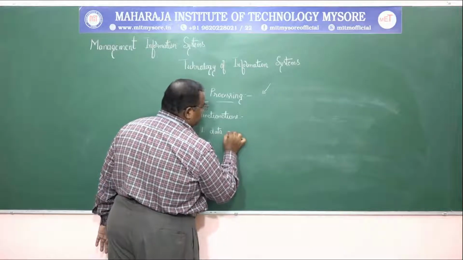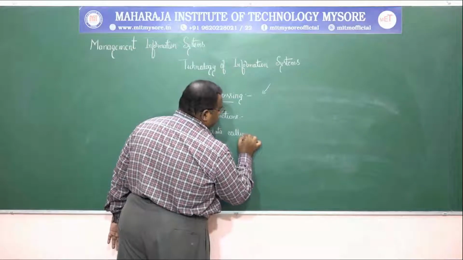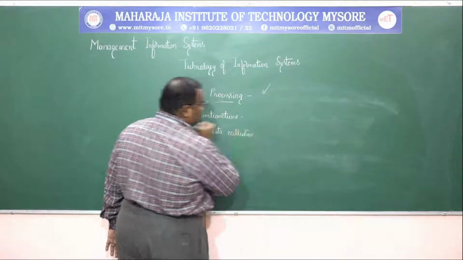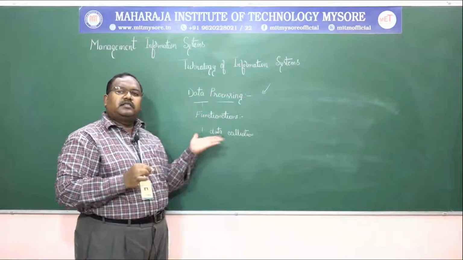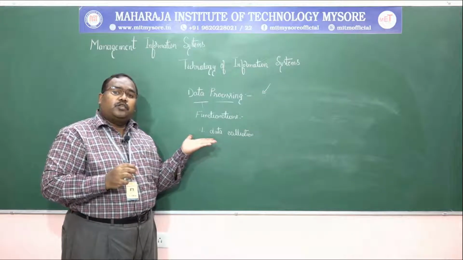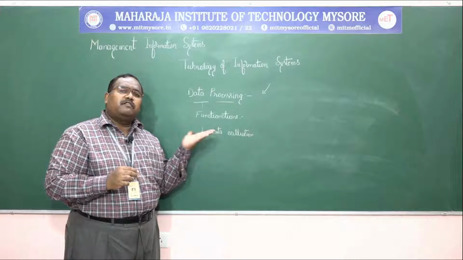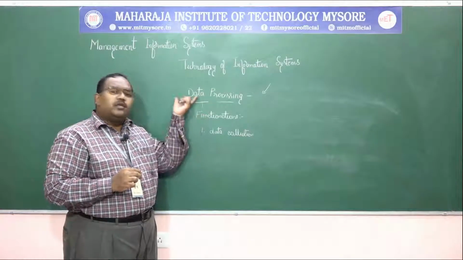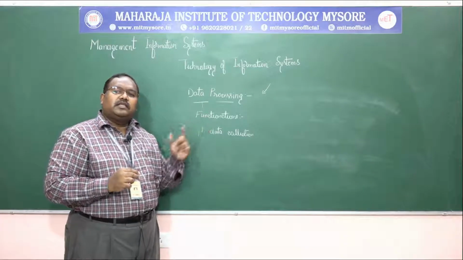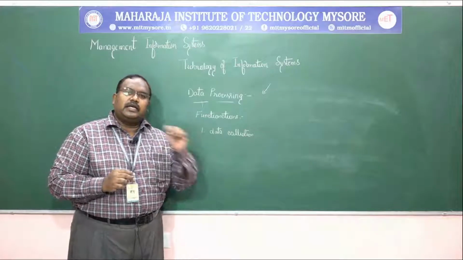data collection. This is what we discussed now: why the data should be collected from the right source. The first major function with respect to data processing is data collection.